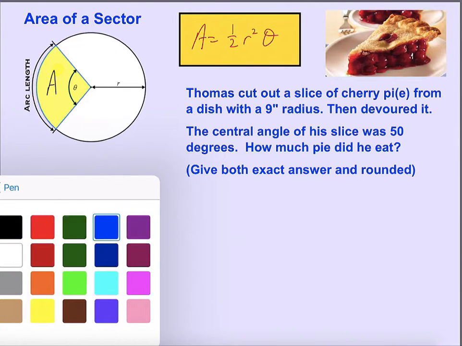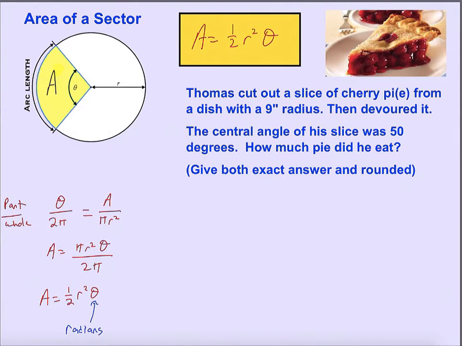Okay, so let's try and answer the question that's here. Thomas cut a slice out of cherry pie from a dish with a 9-inch radius. So there we go, 9 inches. If the angle was 50 degrees, how much pie did he eat? How much pie means what is the area of the pie, because that's how you measure how much pie was eaten.